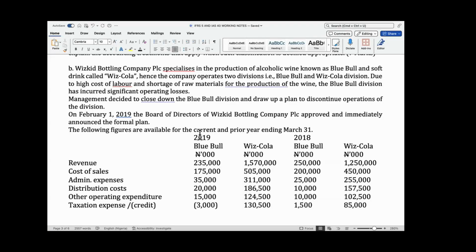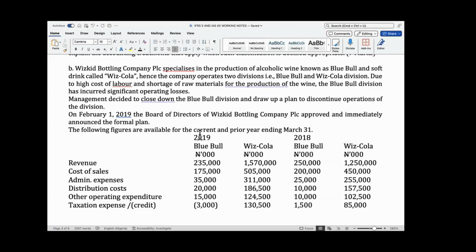Due to high cost of labor and shortage of raw material for production of the wine, the Blue Bull division has incurred significant operating losses. Management decided to close down the Blue Bull division and draw up a plan to discontinue operations of the division. On February 1st, 2019, the Board of Directors of Whiskey Bottling Company PLC approved and immediately announced the formal plan.